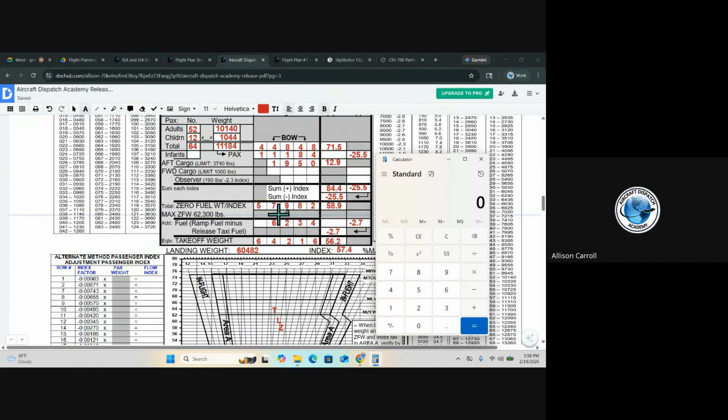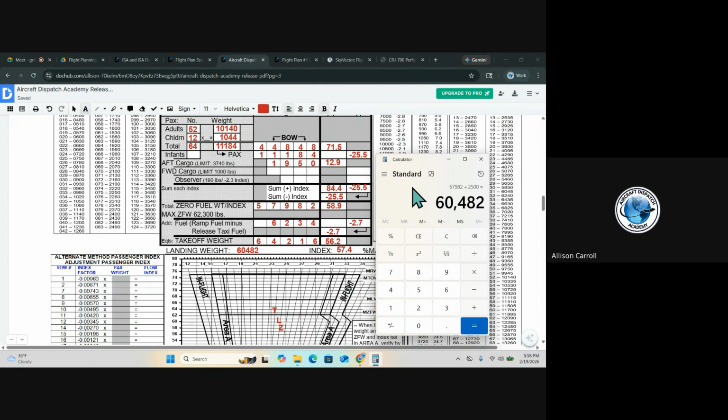Okay. I usually start at the zero fuel weight right here, 57,982. And I think, what fuel am I landing with? Right. Well, I'm landing with any alternate fuel and any reserve fuel, because my burn fuel, I'm just going to burn it off. So I am thinking, okay, what do I have for alternate? I don't have an alternate. What is my reserve? My reserve is always 2,500. So there is my landing weight.